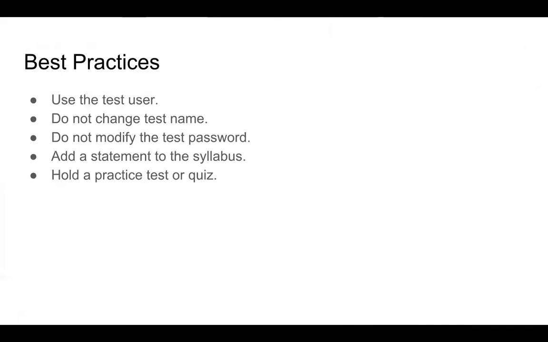Do not change the test name. This has come up quite a bit. You can change that assessment all you want, but once you set it up for Lockdown Browser or Monitor, you don't want to go in and change the test name because that will cause problems and it won't work. Ask me how I know.